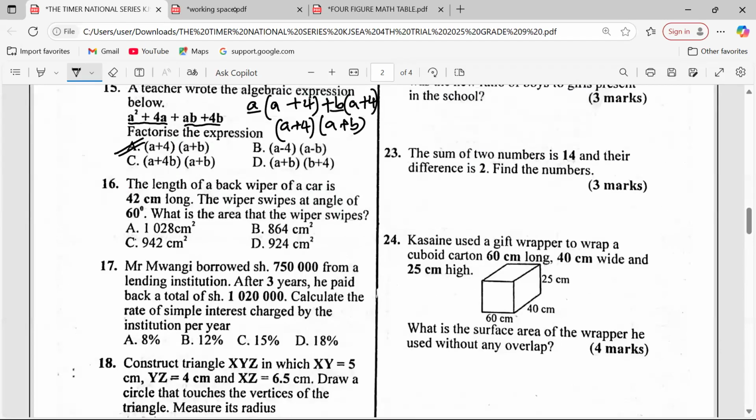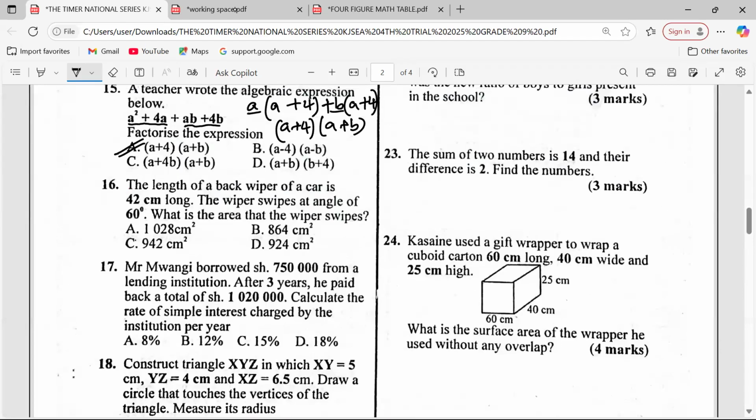Number 16. Length of a back wiper of a car is 42 centimeters long. The wiper swipes at an angle of 60. What is the area the wiper sweeps? Okay.